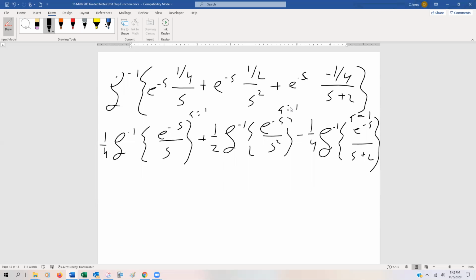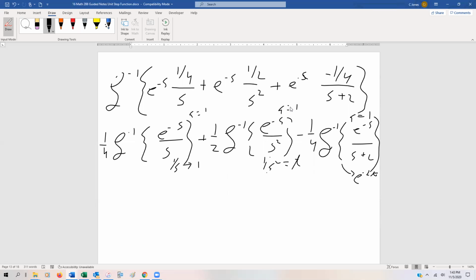We know that if the e to the minus s were to go away, this would just be 1 over s, and we know that the inverse of 1 over s is just 1. This would be 1 over s squared, so the inverse of that would be t. And then finally, the inverse of 1 over s plus 2 would be e to the minus 2t.